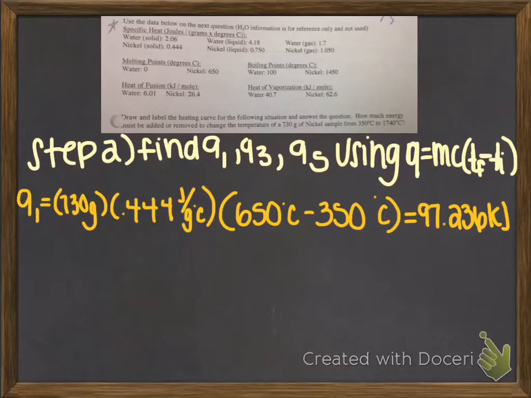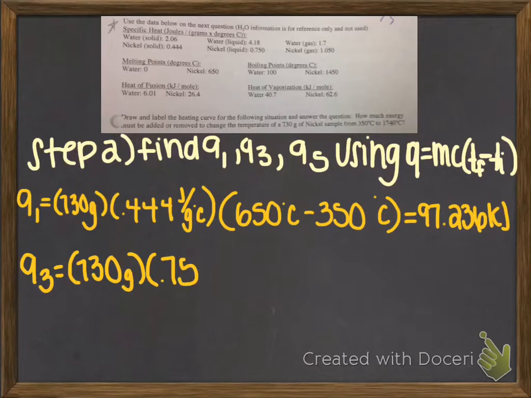And then we're going to look at the graph and see that the final temperature for Q1 is 650 degrees Celsius, and the initial temperature is 350 degrees Celsius. So when we plug that into our calculator, you're actually going to get 97,236, but I went ahead and converted that to kilojoules because we need it in kilojoules for our answer.